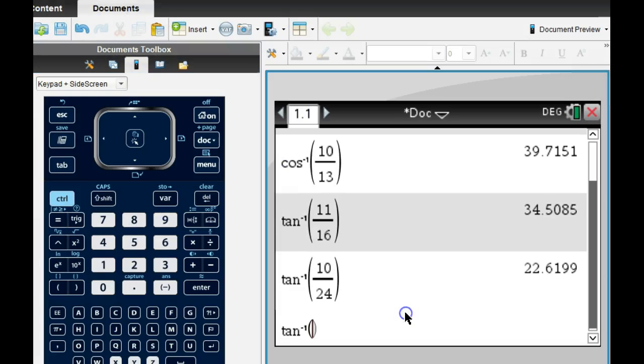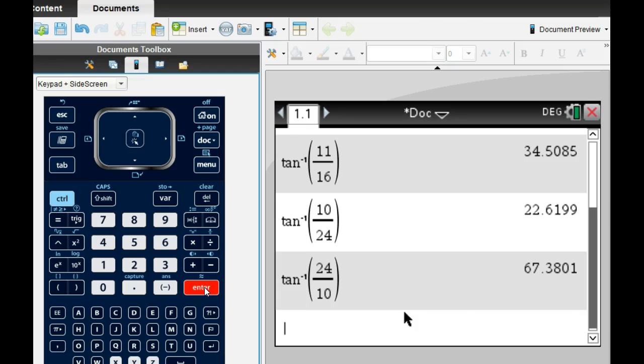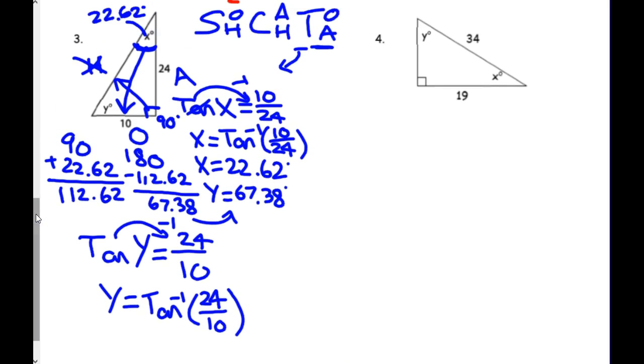Tan inverse 24 over 10. 67.38. Meaning x and 90, that would be the third angle, yeah.